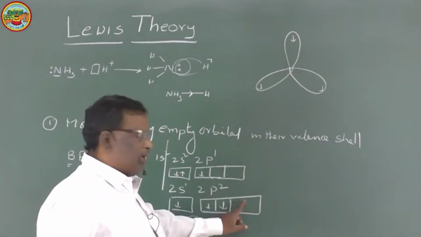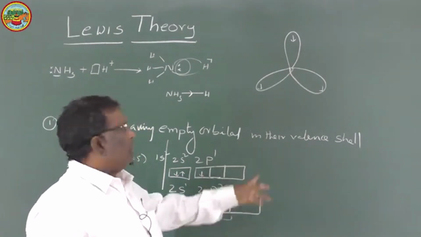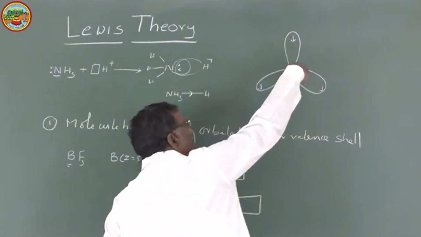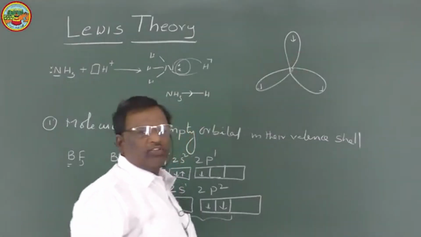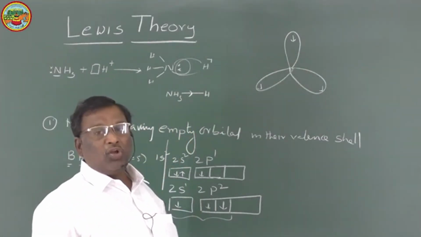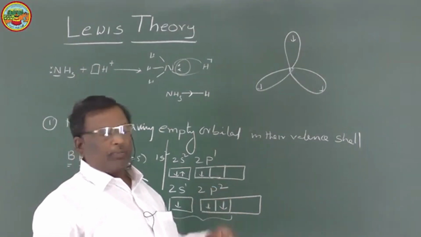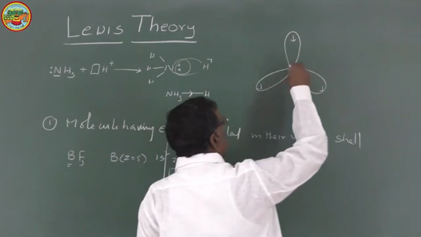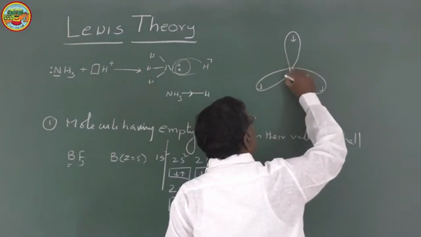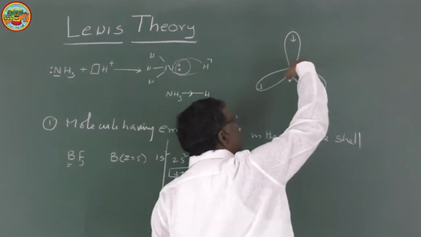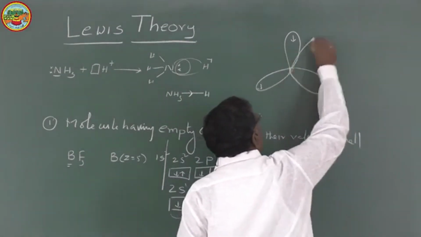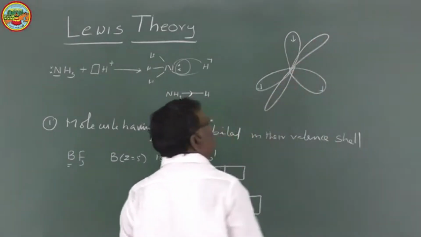Now one empty p orbital is there. This empty p orbital lies perpendicular to the plane of these orbitals. It can take 2 electrons. Let us represent this empty orbital. Actually it is 90 degrees perpendicular, but I am just representing it like this.